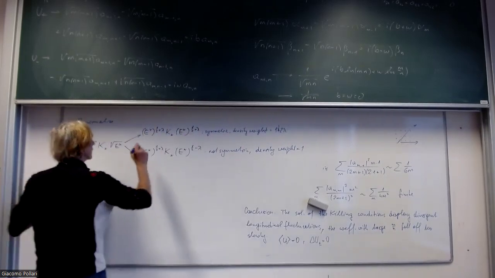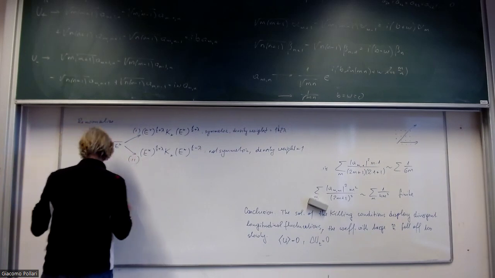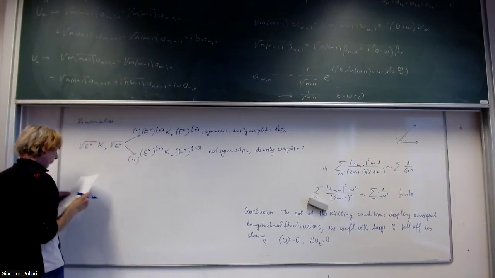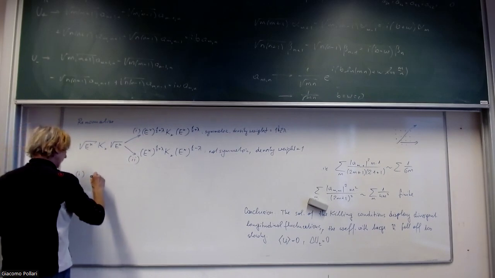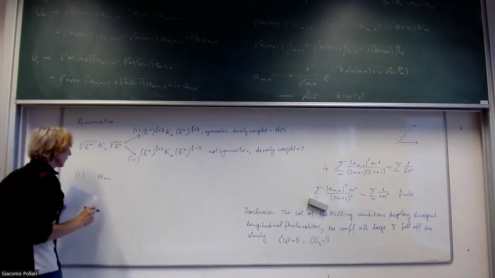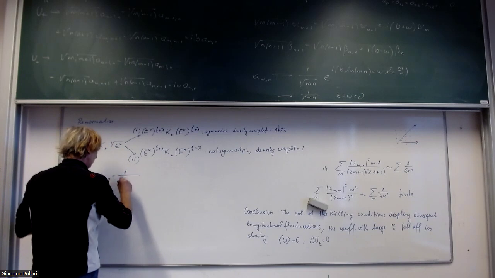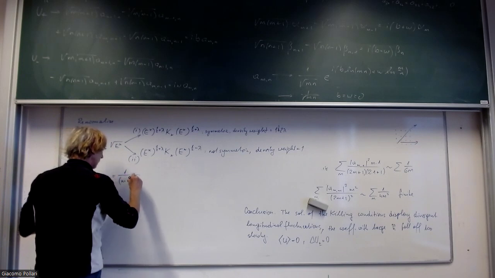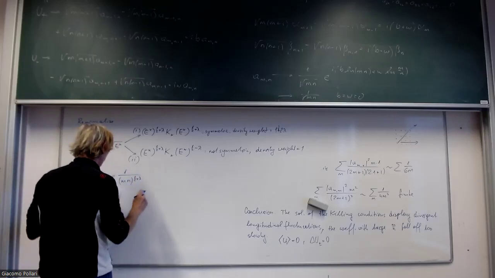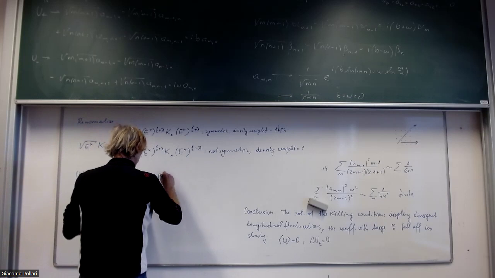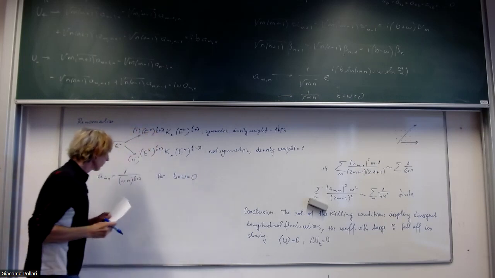Well, let's denote this again by 1 and this by 2. Now, for 1, let's say we have a_n, in this simplest case, n to the 1/2 plus lambda, for E equal to W equal to 0.